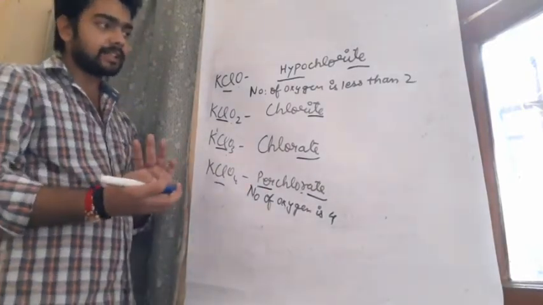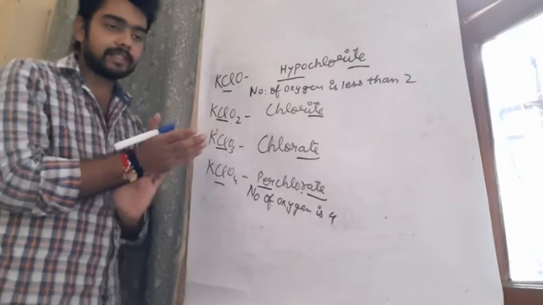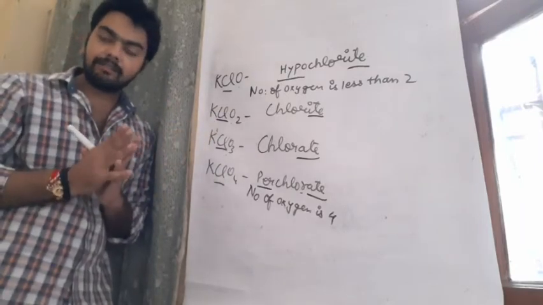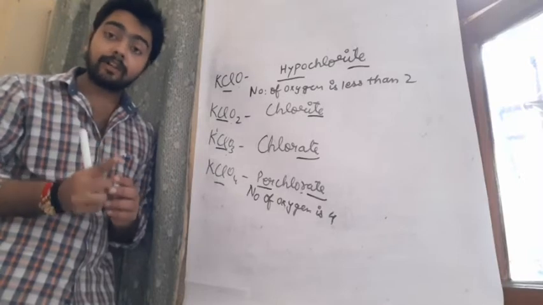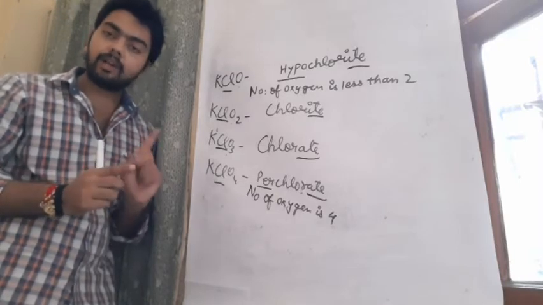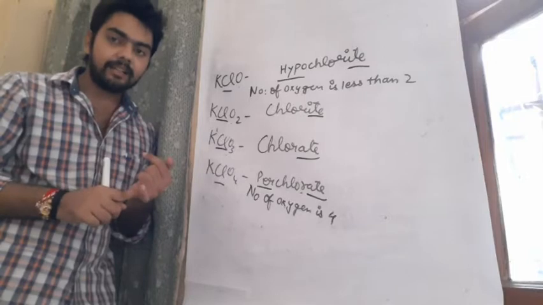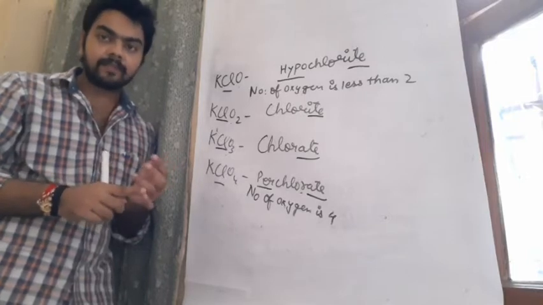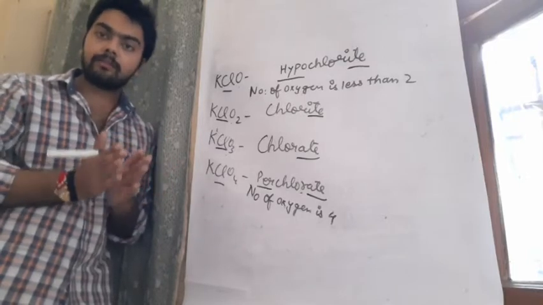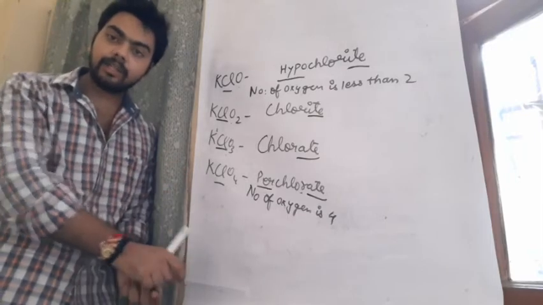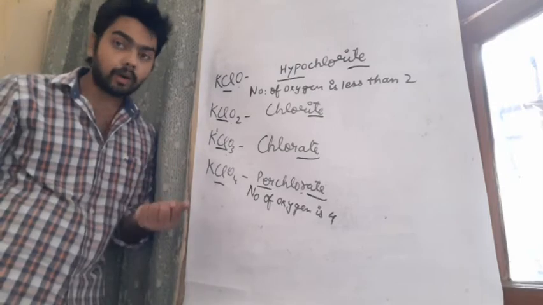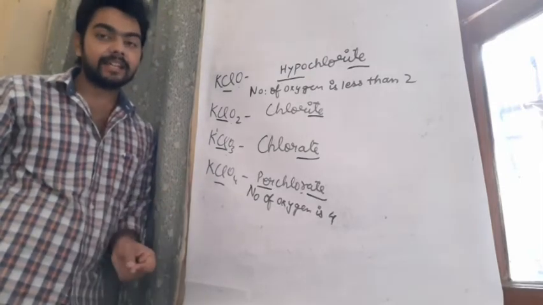Okay, let us revise once again. When we have three elements and one of them is oxygen, if we have only one compound, then ATE is added as suffix. If we have two compounds, the one with lesser number of oxygen has ITE added to it, and the one with more oxygen has ATE added to it.